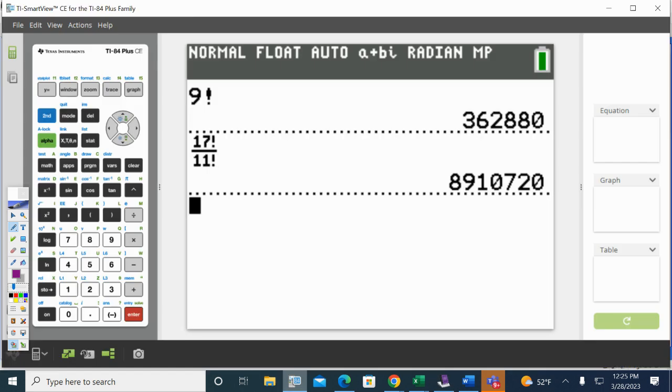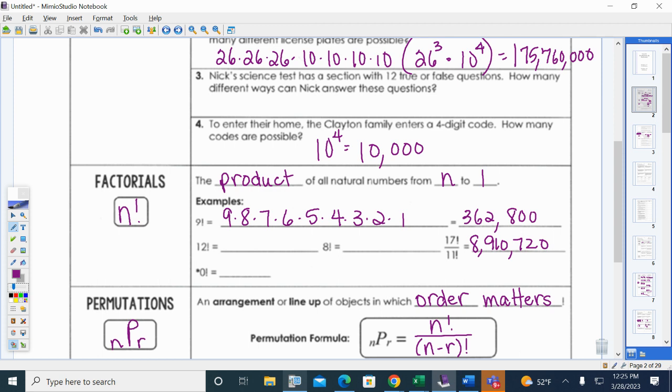The last one is interesting. It's 0 factorial. So if I put in 0 and pull up my factorial, it's going to tell you that 0 factorial is 1.